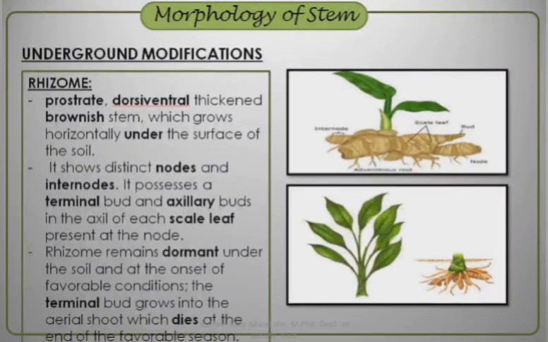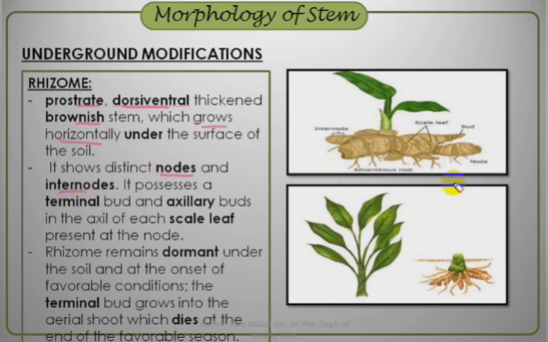The first type of underground modification of a stem is rhizome. A rhizome is a special type of underground stem. It is prostrate, dorsiventral. Dorsiventral means it is flat, just like your hand, and brownish in color. It grows horizontally under the soil surface, and it shows distinct, clear nodes and internodes.